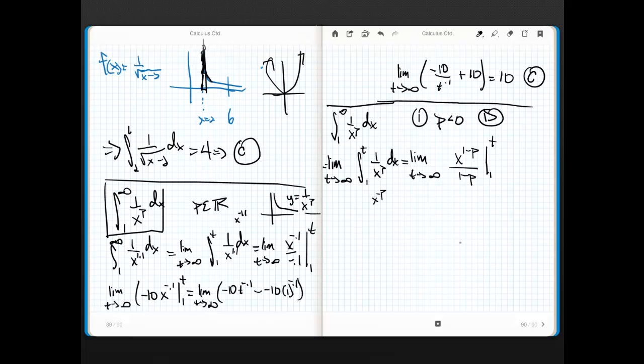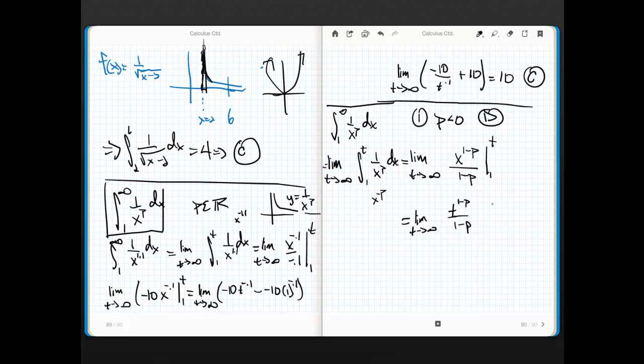All right. Now, let's see what we've got to do here. So what's going to happen here? Well, if you're confused, let's just hold up. If I take the limit as t goes to infinity of t to the 1 minus p, all I'm doing is standard issue integration. Remember, x right here is my independent variable, so that's what I'm plugging stuff into, right?